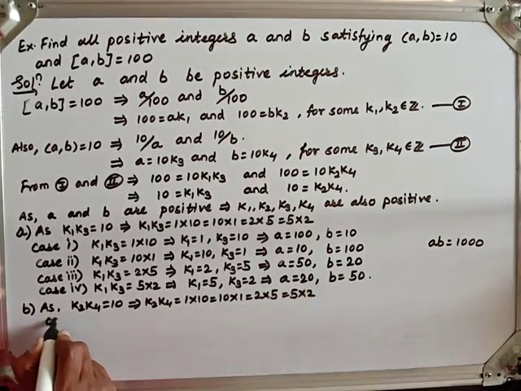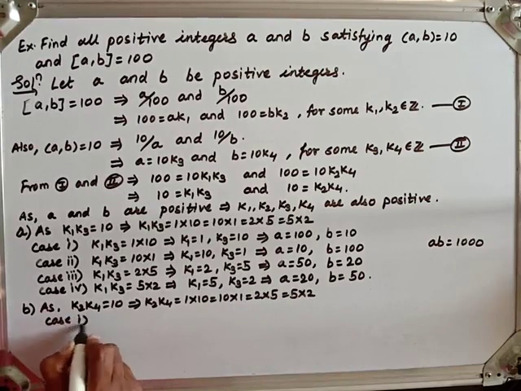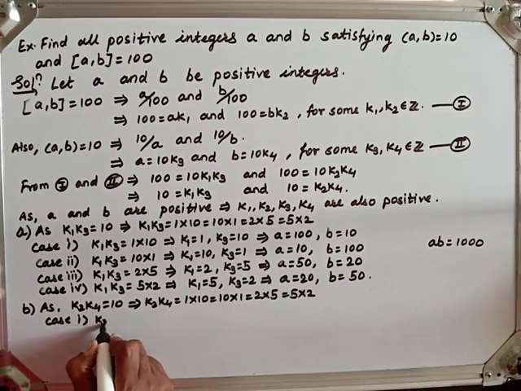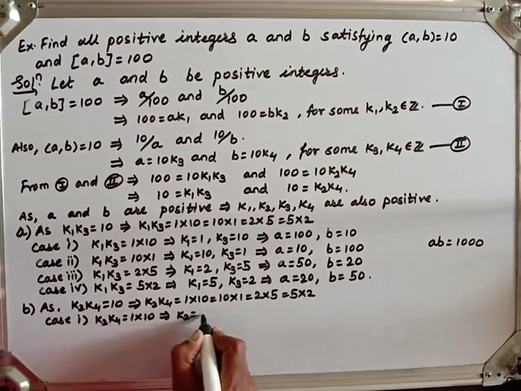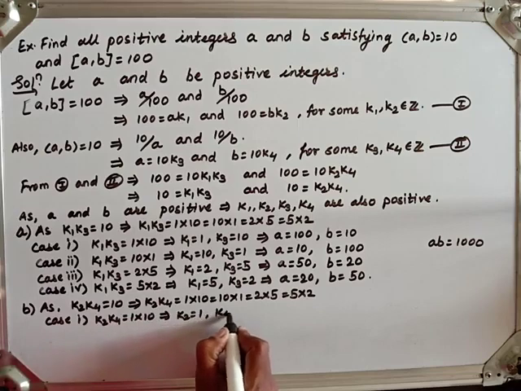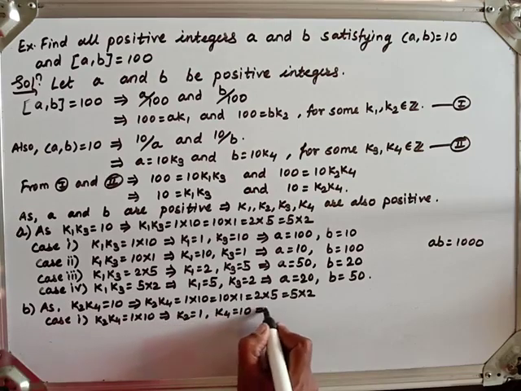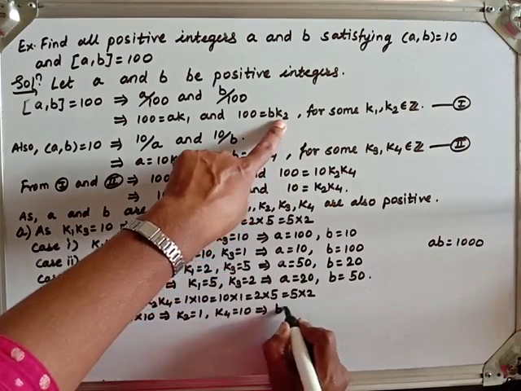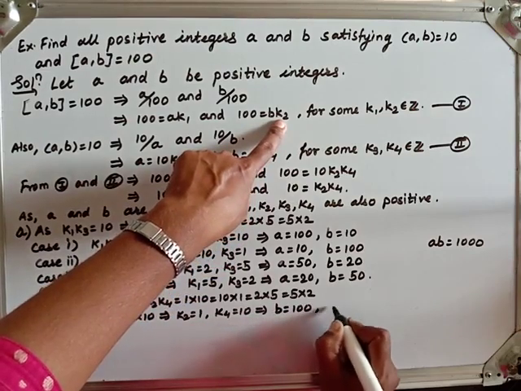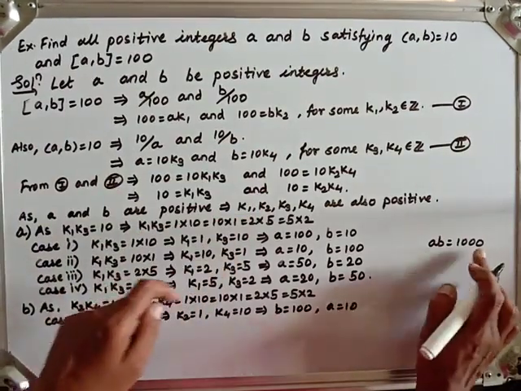Fine, same thing we have to do. Case 1. What is case 1? K2 K4 is equal to 1 into 10. So that gives K2 is equal to 1, K4 is equal to 10. So K2 is 1, then B is equal to 100. B is 100, then A must be 10 for 1000.